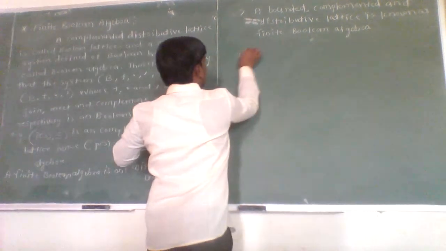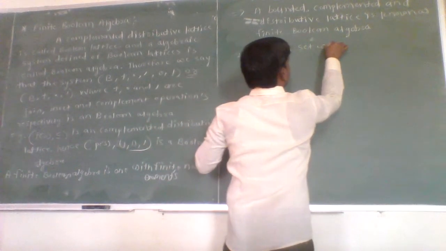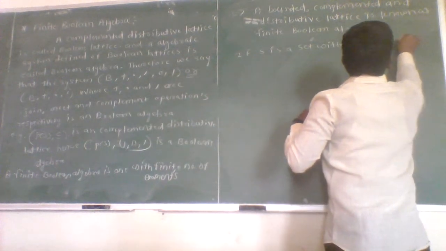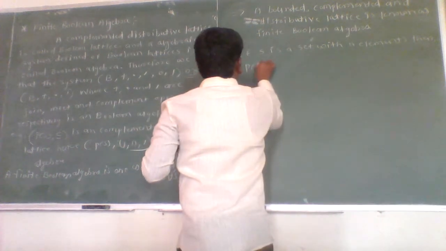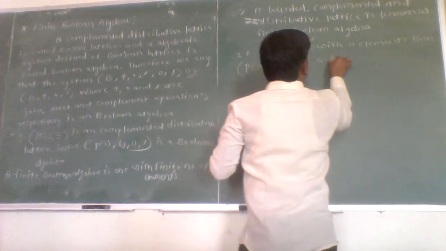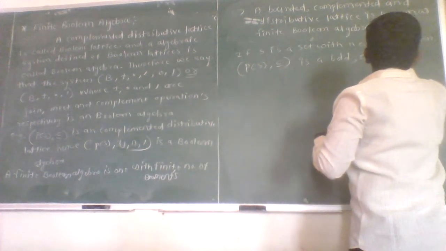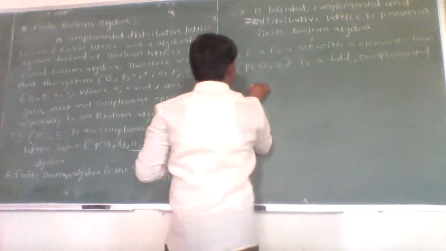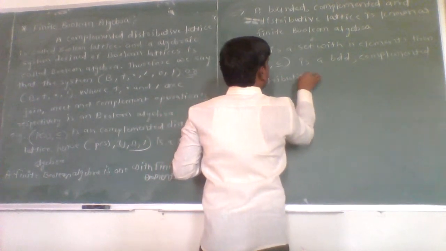Therefore, if S is a set with n elements, then the power set of S with inclusion relation is a bounded, complemented, distributive lattice.